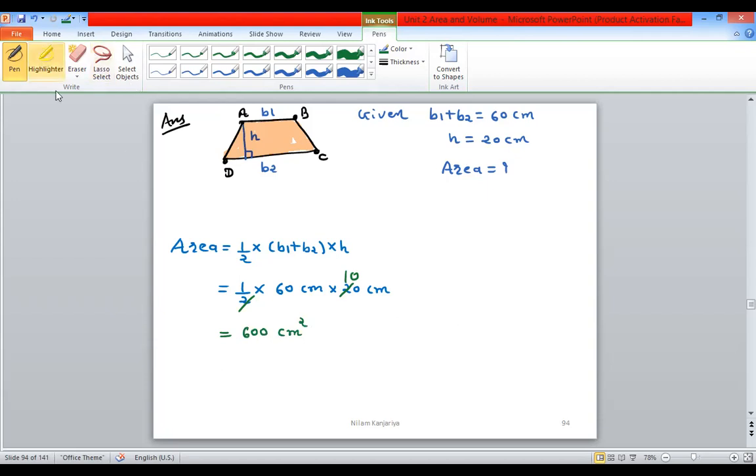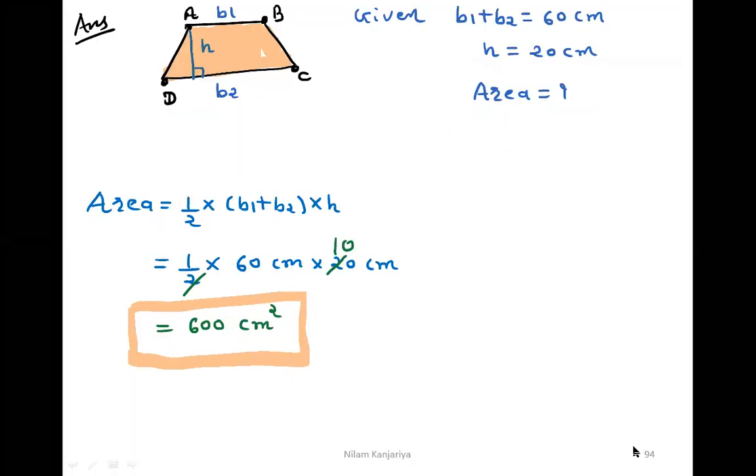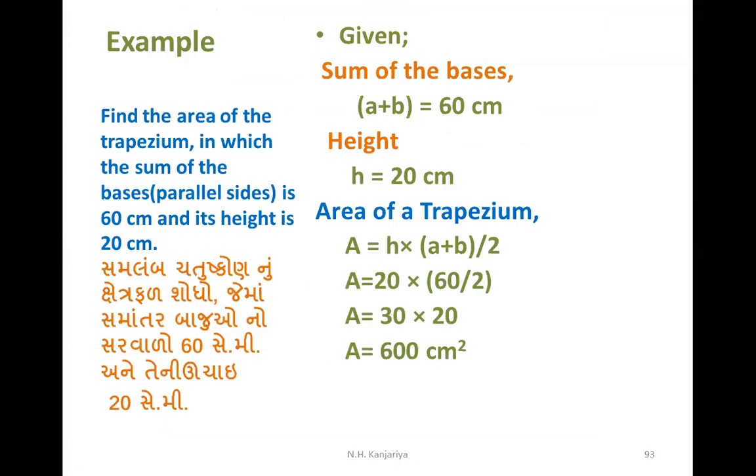So these are the area of trapezium. So the student, you must remember the formula. First of all, you have a look like this formula.